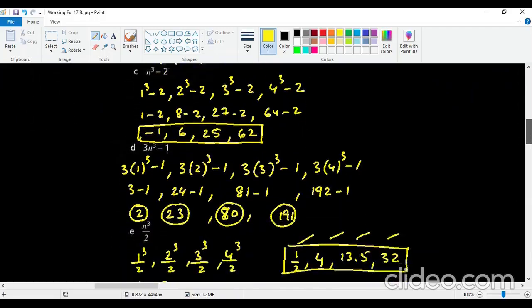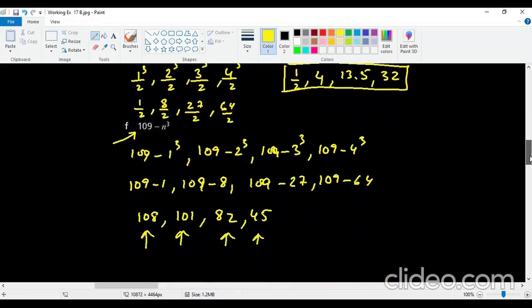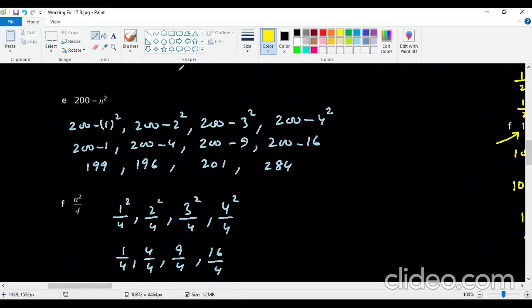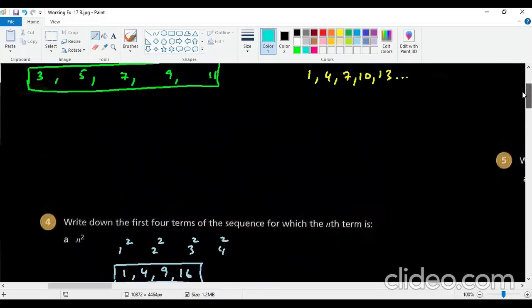Okay, there was one value, yes, this one. This is not 284, it is 184. So let's do the correction. Instead of 284, it is 184.